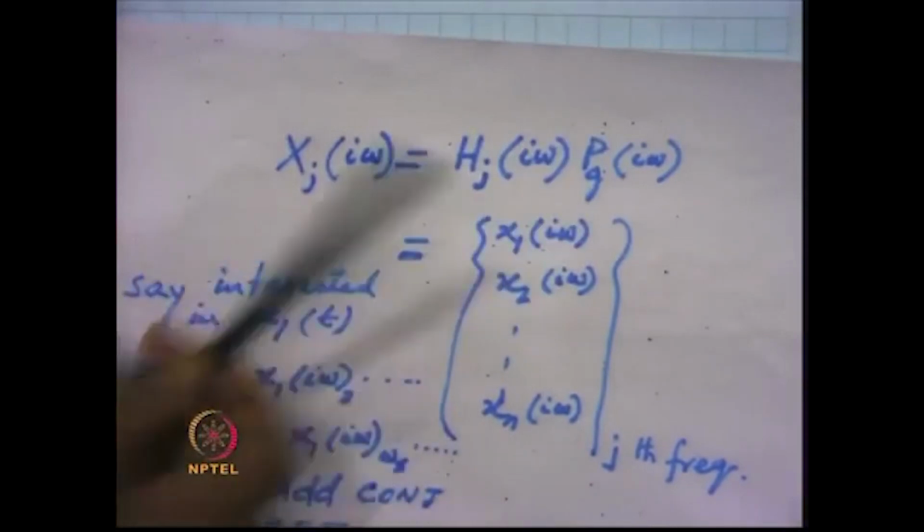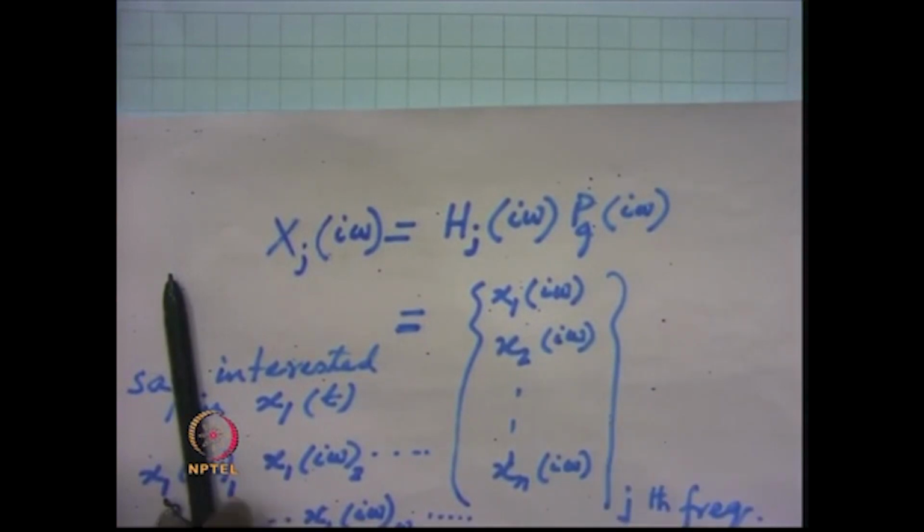P g i omega will be the frequency contents of the ground motion, and these frequency contents will be of the different time histories of the ground motion or the forces that we get on the right hand side.